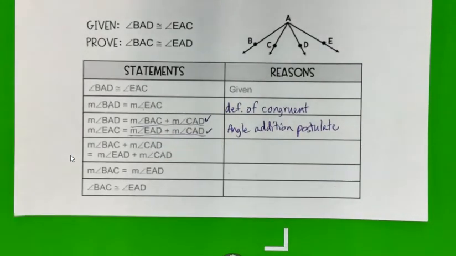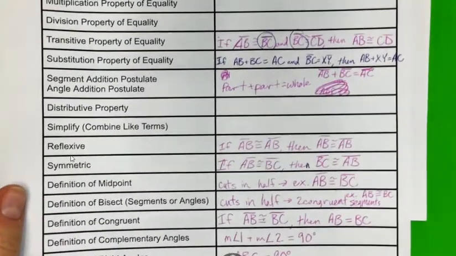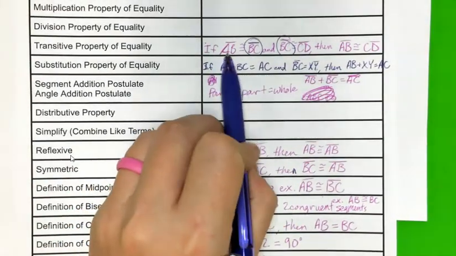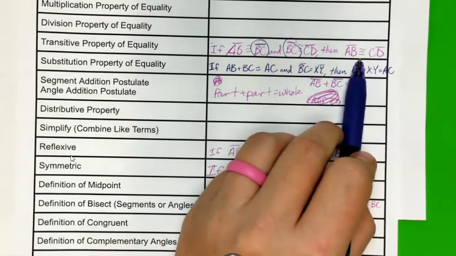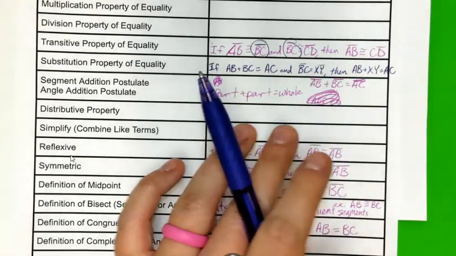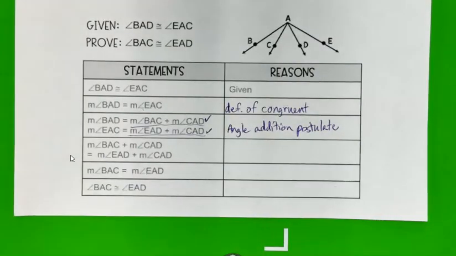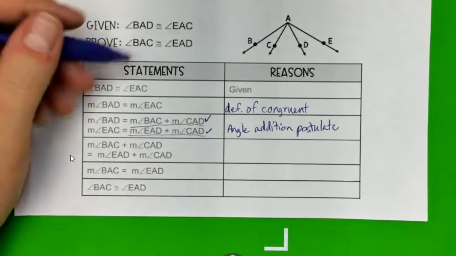Alright, now we've got to figure out, is this going to be transitive or is this going to be substitution? So remember, the only way it could be transitive is if it looks like this, where two things equal the same thing, therefore they equal each other. That's the only way it could be. Substitution would be if we are substituting pieces of equations out to set things equal.